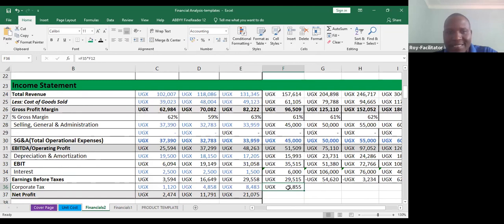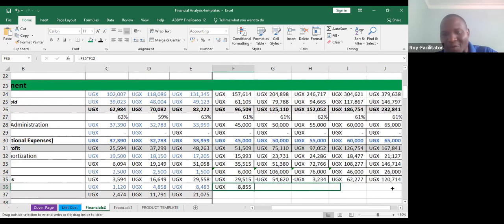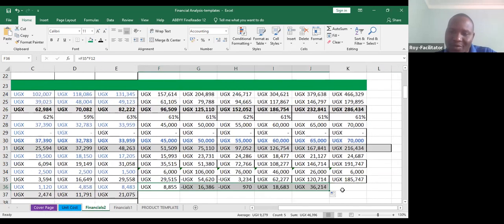Now you realize that for the years that it is negative, I'm not supposed to pay because I've made a loss. I don't want to make this complicated, but let me extend the formula, and I'm also going to show you how we can go about it, just for the sanity of everybody.